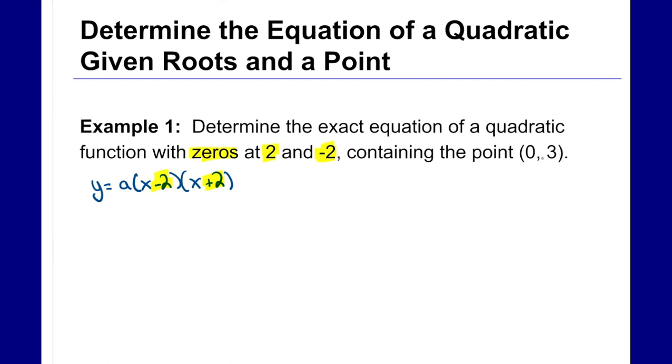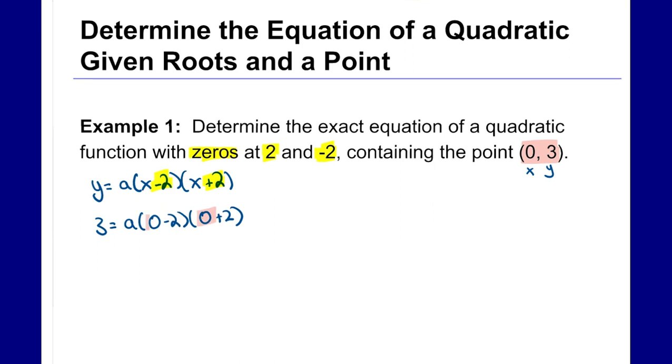Now we're going to substitute the point 0, 3 in. That means x is 0 and y is 3. So 3 equals a times 0 minus 2 times 0 plus 2.